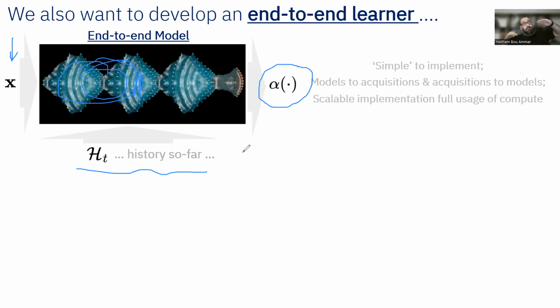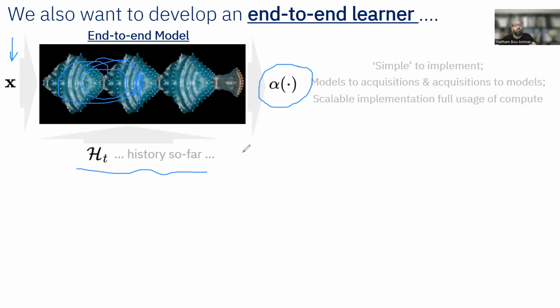So those two steps of BO will not be separate anymore, but can inform each other, which is super cool. Because then we can learn what acquisition we would like to use, and at the same time fix the model based on how the acquisition is doing, but also fix the acquisition based on how the model is doing. So this combines the two steps of BO in one, under one loss, which would make it much more effective.